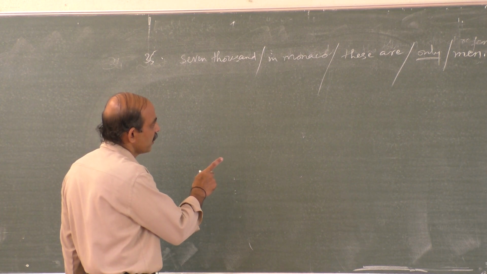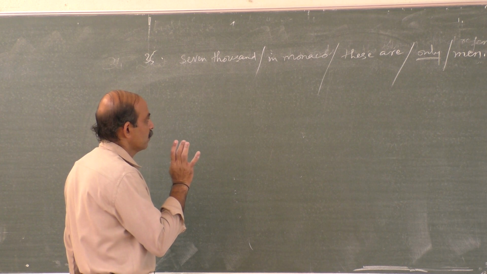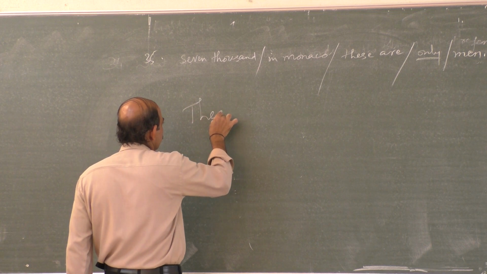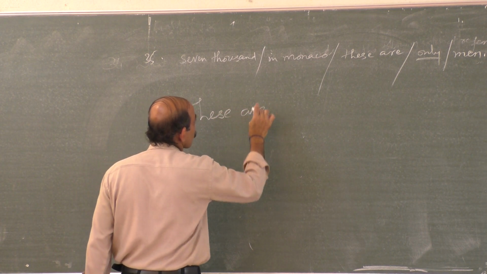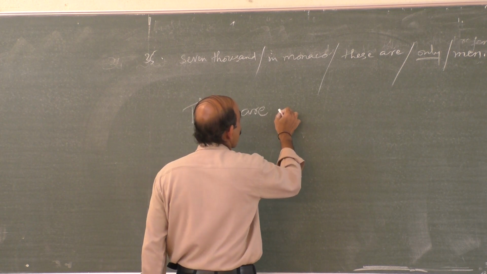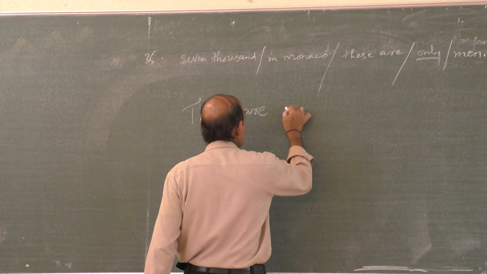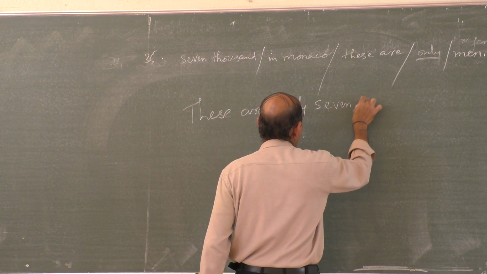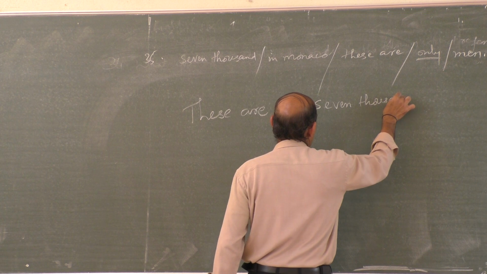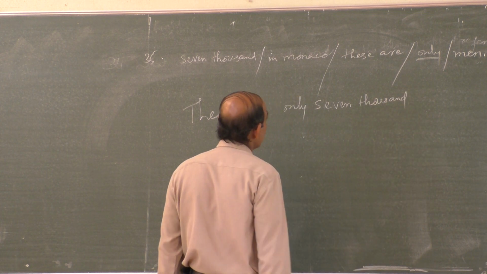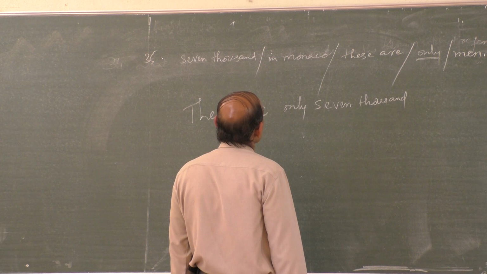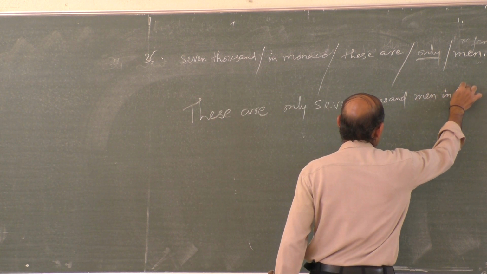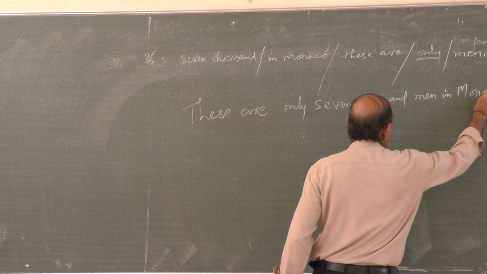And this sentence is very much confusing, and that is why you have to understand: these are only 7,000 men in Monaco.